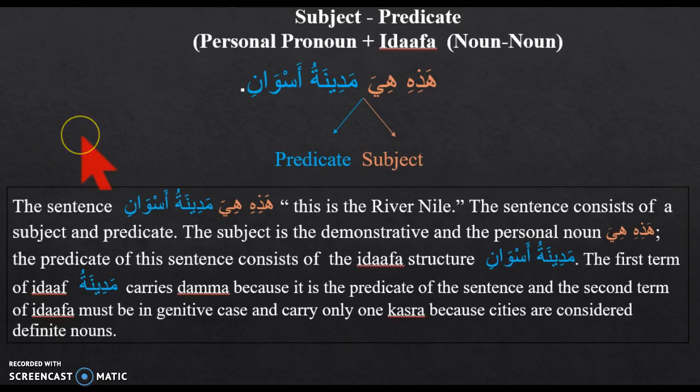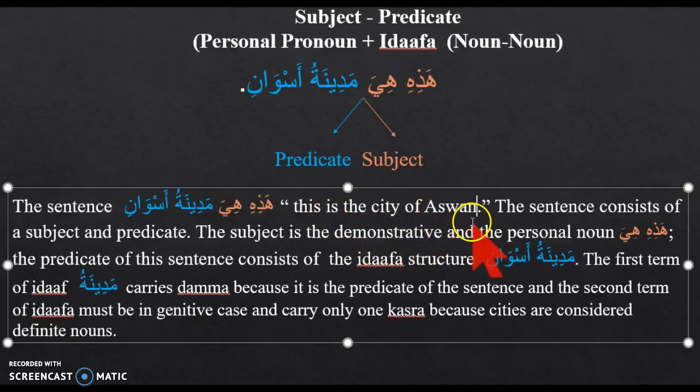Let's see the example and explain the meaning of إضافة again. هذه هي, the subject of the sentence, مدينة أسوان, the predicate. This is the city of Aswan.